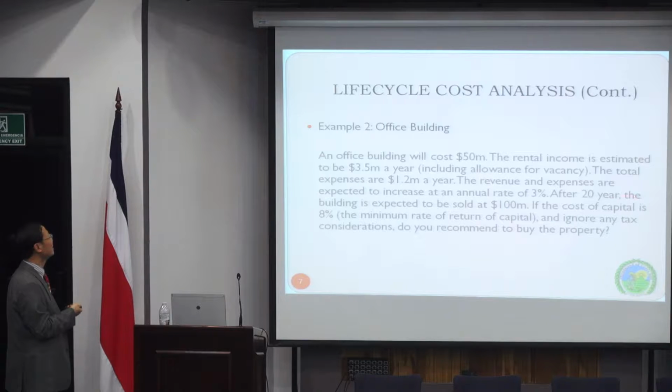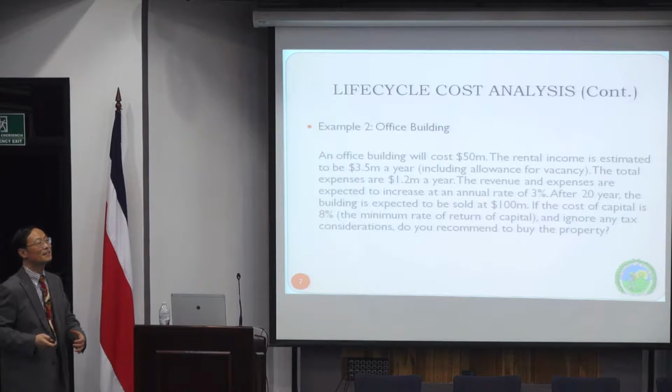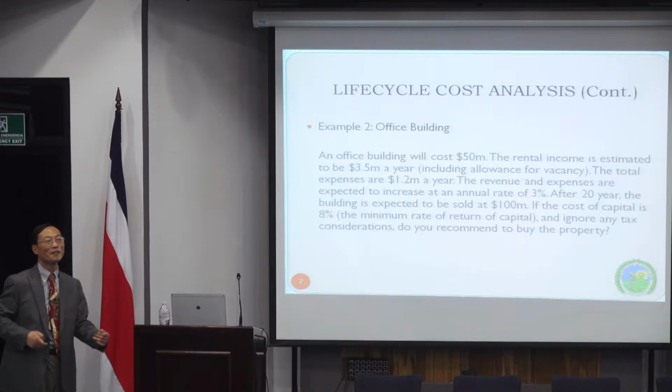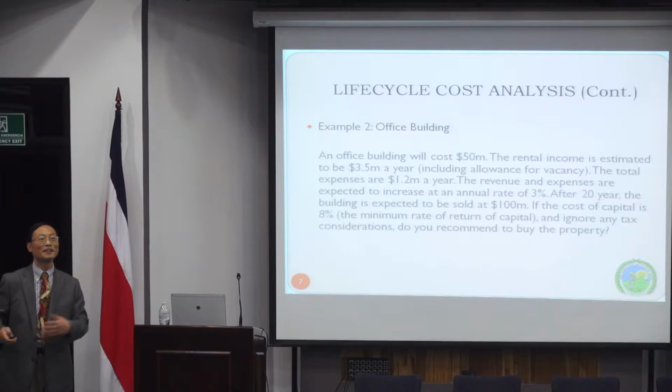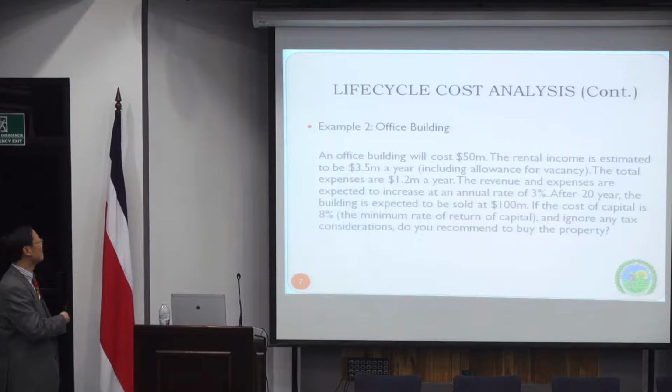After 20 years, you can sell it for $100 million. The cost of capital, which is the mortgage, is 8%. It can be a mortgage or the expectation of earning: if you don't have a mortgage, it is how much money you need to earn to justify this project. That is the cost of capital.